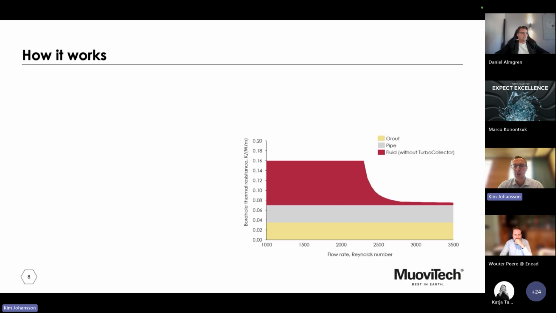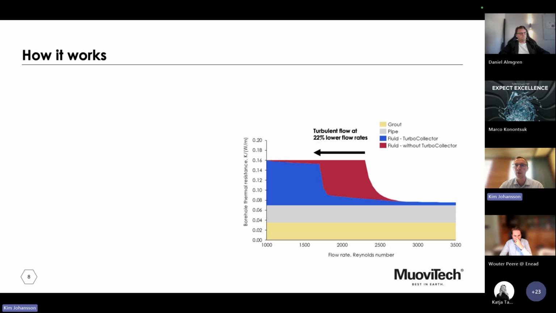But if we instead use the TurboCollector, we can push this starting point back all the way to a Reynolds number of 1,800. And that means that we can reduce the flow rate by as much as 22% and still not end up in a laminar flow.